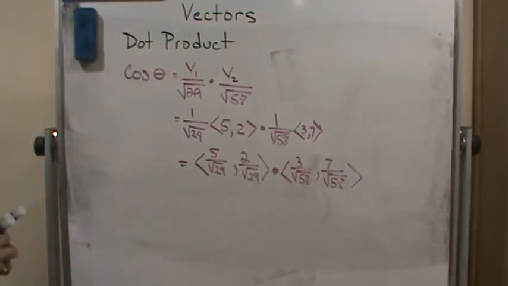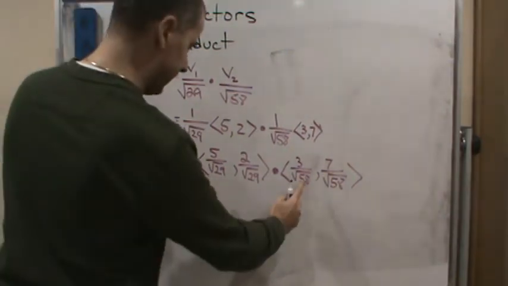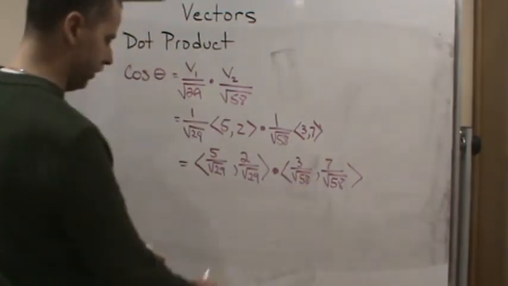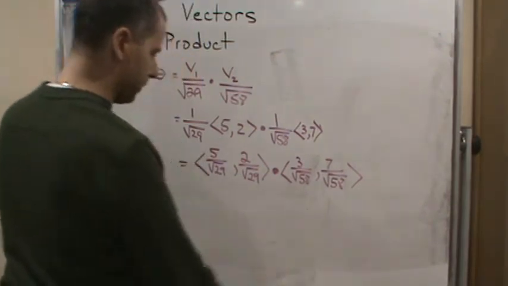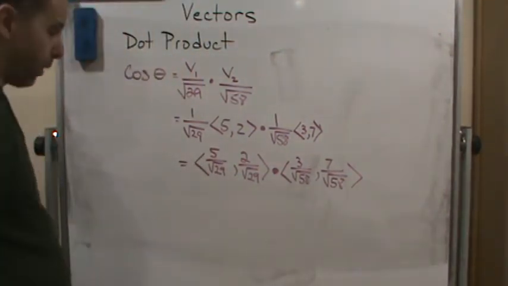And now hopefully you can see why I did it this way. Now I'm going to use the definition of the dot product. I'm going to multiply these two together, and multiply these two together, and add those two products.